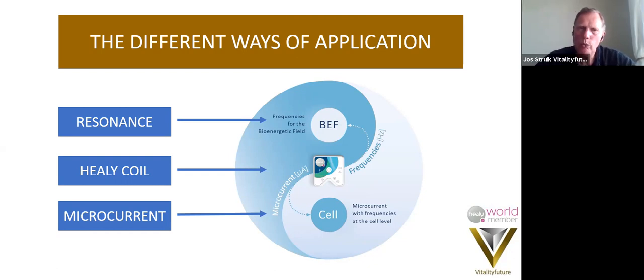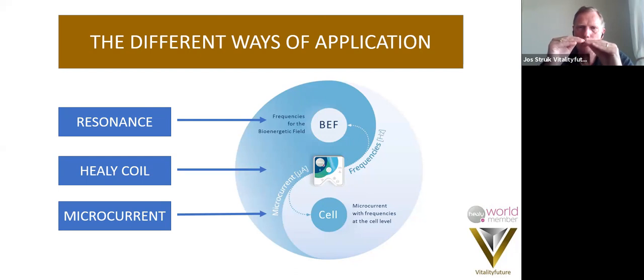And now, with the Healy coil, we connect with that energy field, with the existing energy, with the cells. Actually, the opening and closing of the cells to get nutrition in or out is also a magnetic process, because every cell has a plus polarity on the outside and minus on the inside.